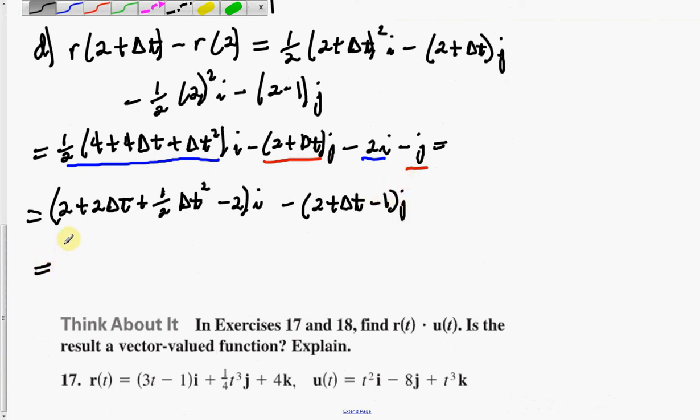And so we have left 2 delta t plus 1/2 delta t squared. This is all times I. And then this is now minus parentheses 2 minus 1 is 1 plus delta t, and that's j.